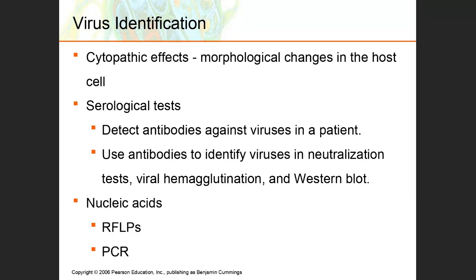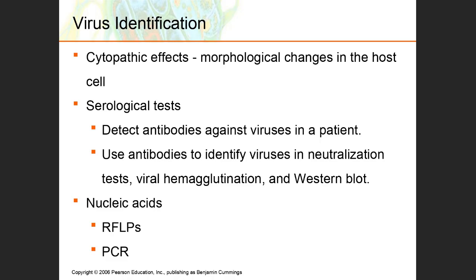Well, so we can do those kinds of tests, and they are done with many different kinds of things like HIV, or now COVID-19. We can use antibodies in neutralization tests, viral hemagglutination, or Western blots. And remember, Western blots are gel electrophoresis using proteins, so we separate out the proteins, and then use a labeled antibody to see if a particular protein is present.